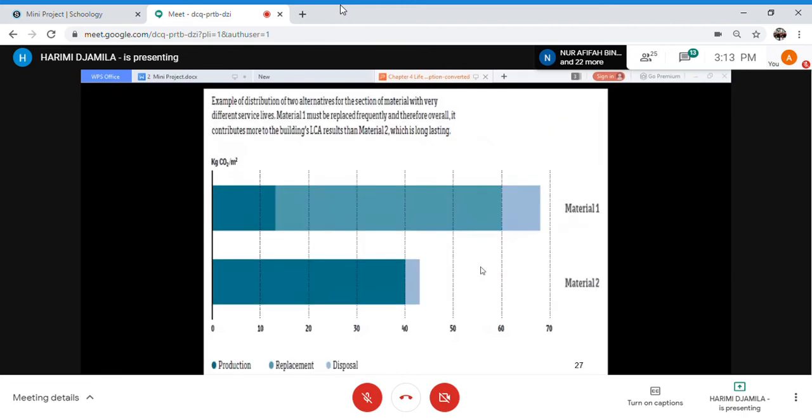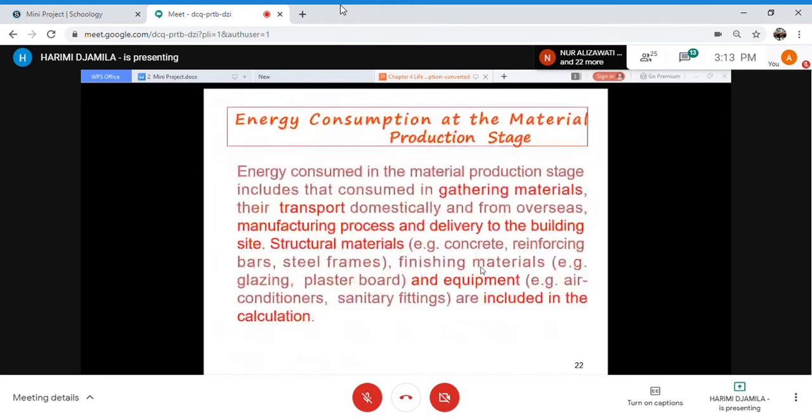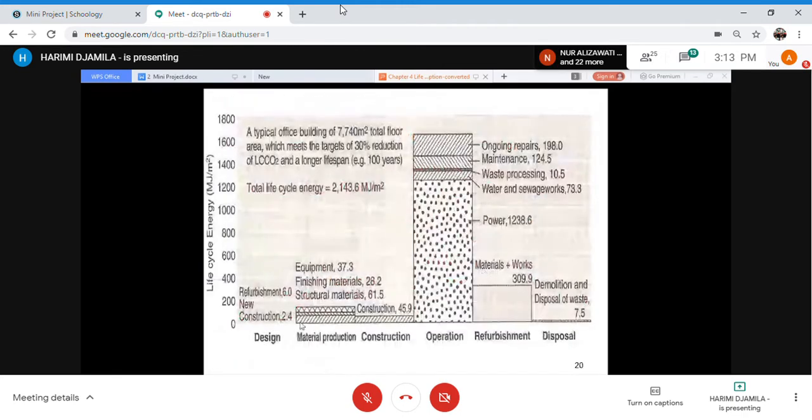So we started with design, material production, construction, and now we move to operation. Construction I provided overall for the materials. It's supposed to be material, but construction also needs to be considered.